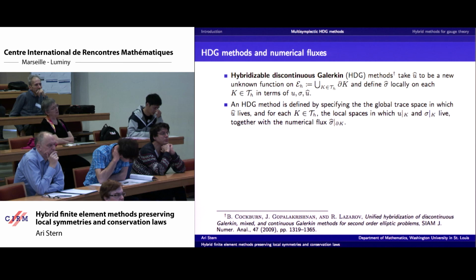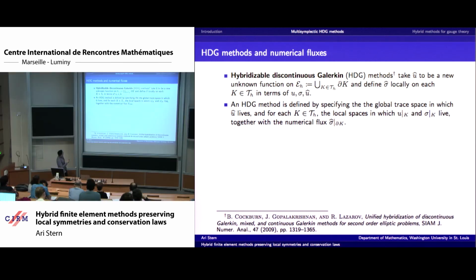So basically they take u hat to be a new unknown function on the boundary, and then the sigma hat is defined locally on each triangle, so it doesn't have to look at the neighboring triangle. It's defined entirely within a single triangle in terms of the u, the sigma, and this u hat, which is the new variable.